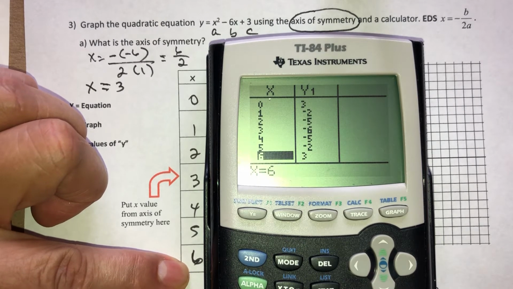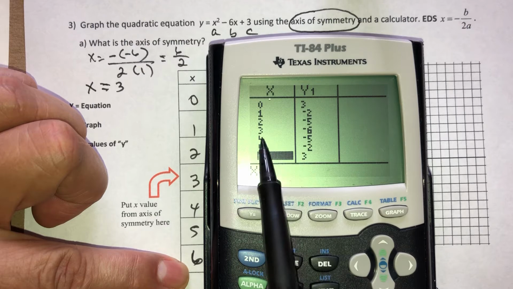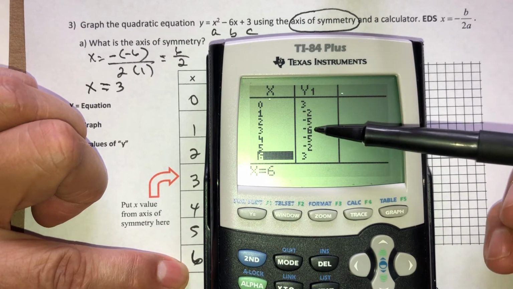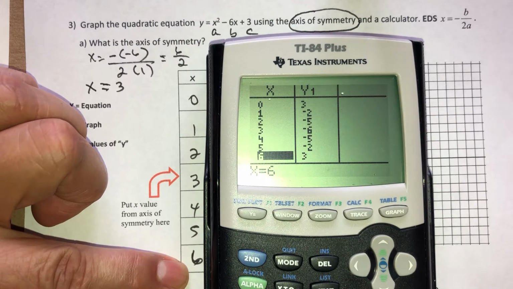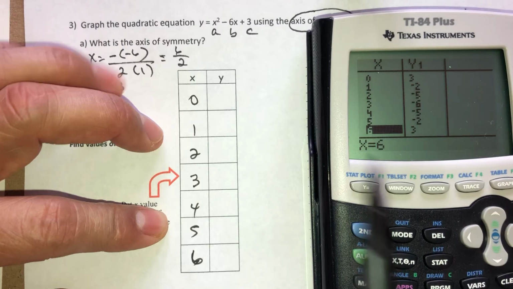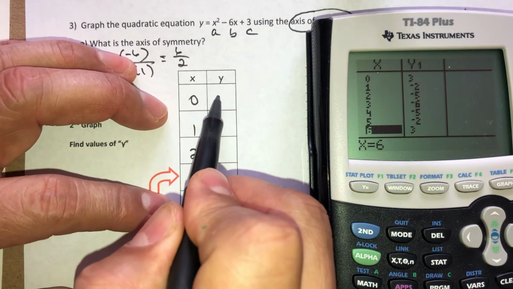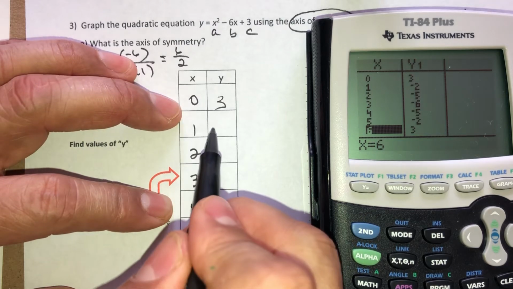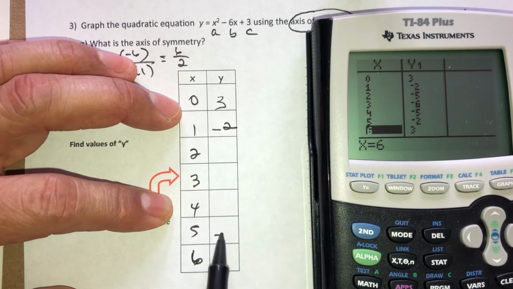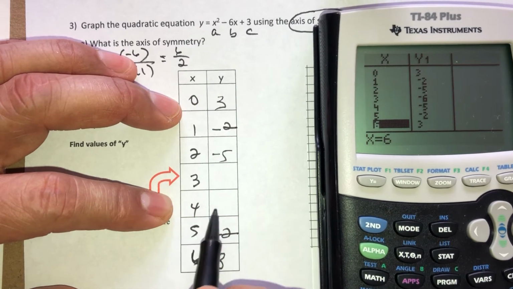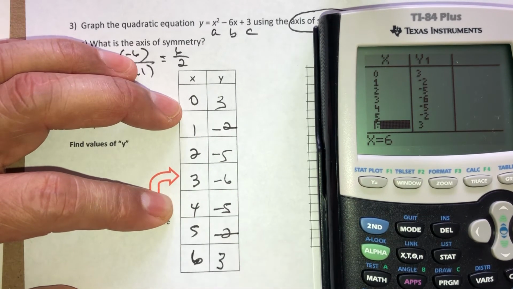And there's the window that I want, okay? You can see that the vertex is always in the middle and the numbers start repeating. After the vertex, the y values will start to repeat. So let's put those numbers next to it, which is 3. If I know that's 3 up, it's going to be 3 here too. Then it's negative 2, so it's negative 2 here also. Then it's negative 5, and it's going to be negative 5 here too, and negative 6, all right?